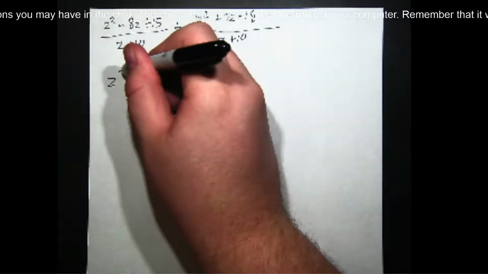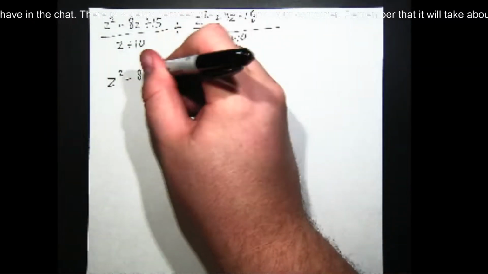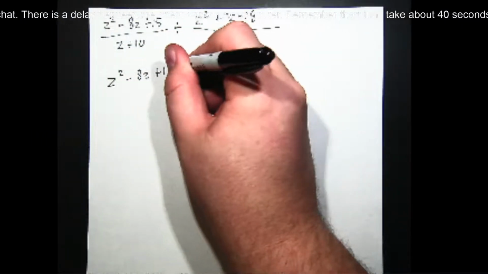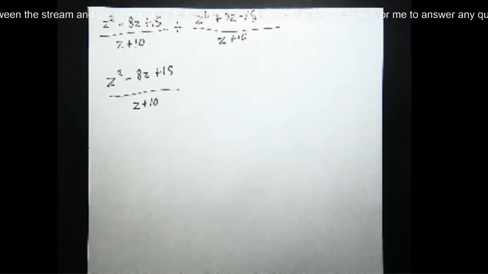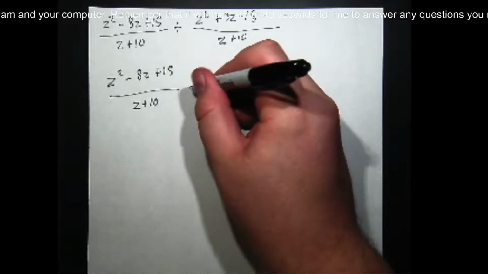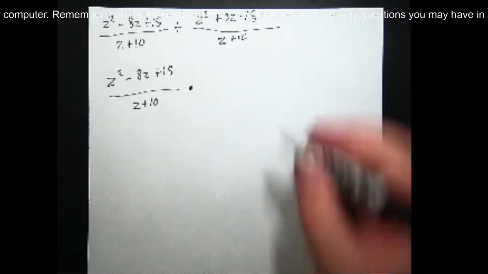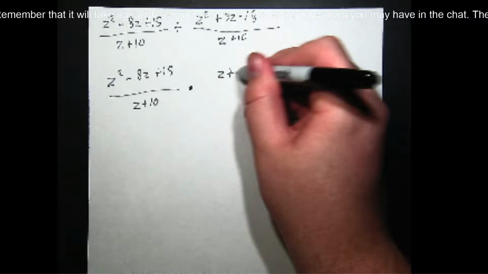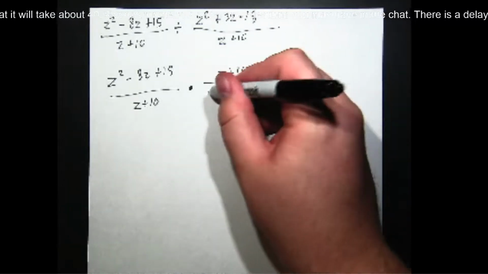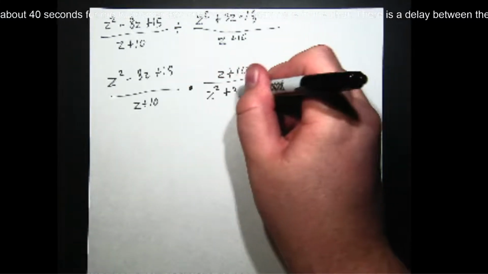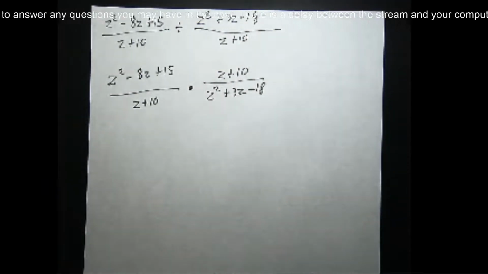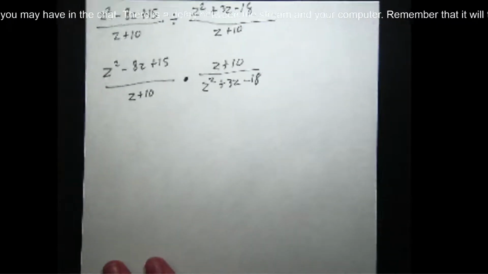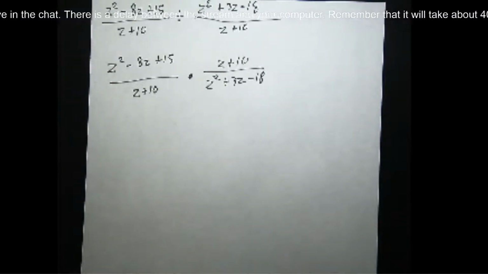So, z squared minus 8z plus 15 over z plus 10 is going to stay the same. But we're going to change this to multiply by z plus 10 on top, and then on bottom, z squared plus 3z minus 18. Okay?